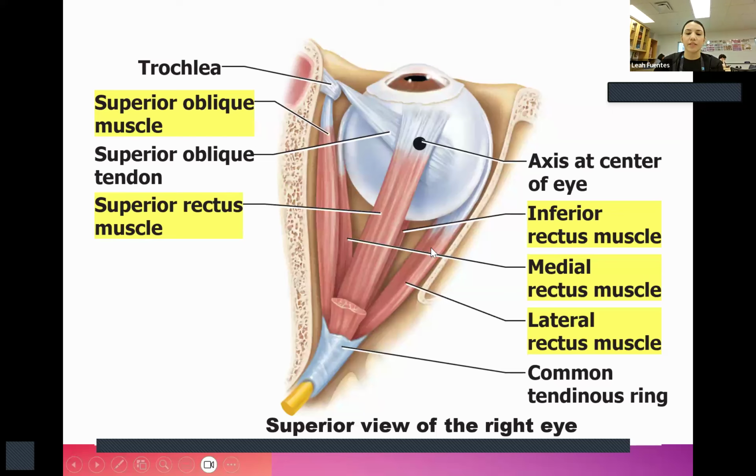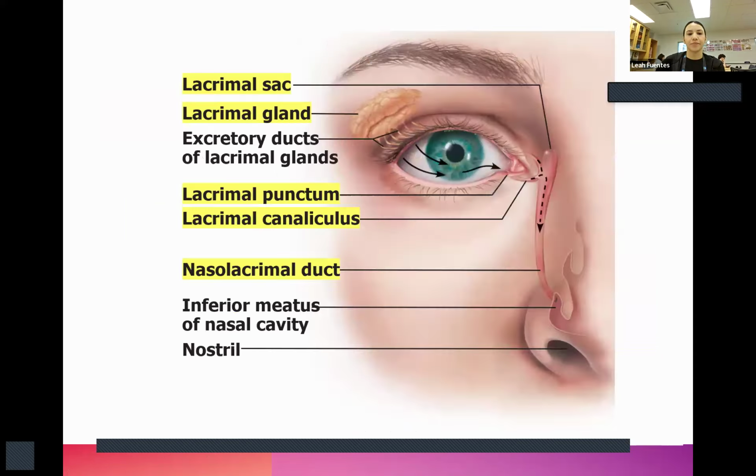And then the lateral rectus. So again, different views account for the different muscles. I would expect the different views that are on your worksheet to show up on the lab exam.